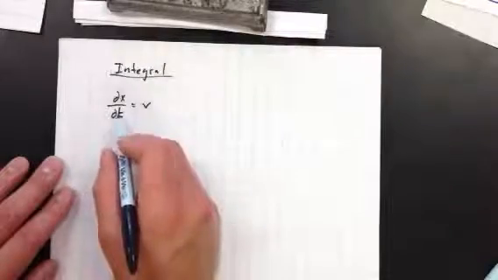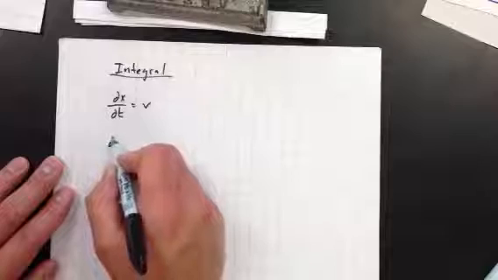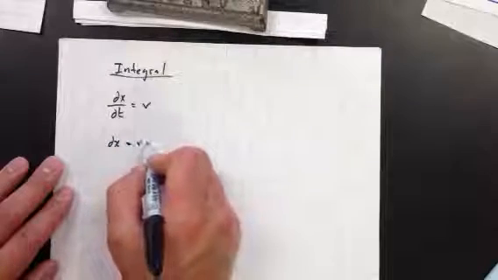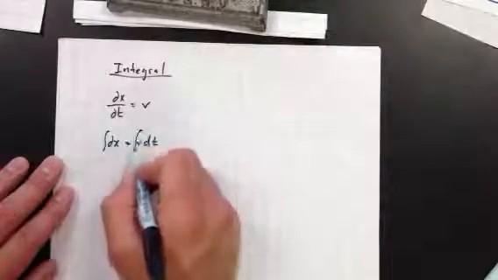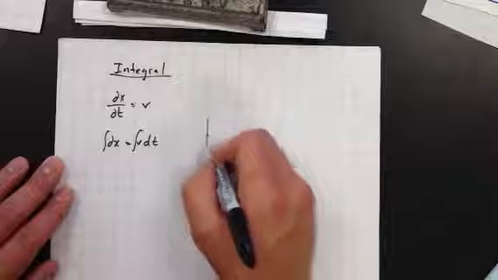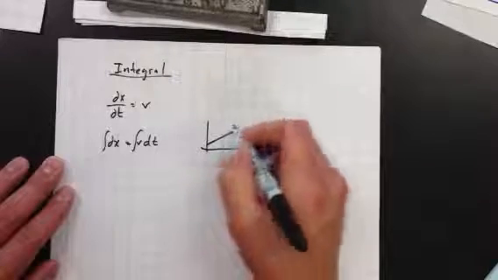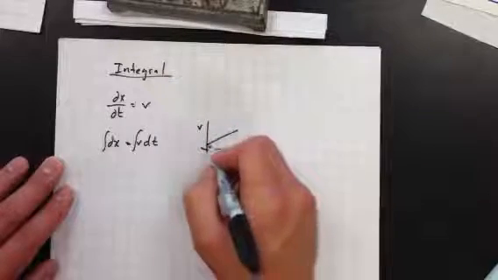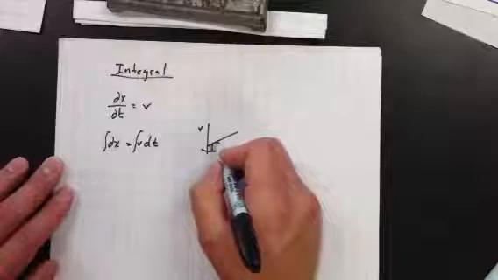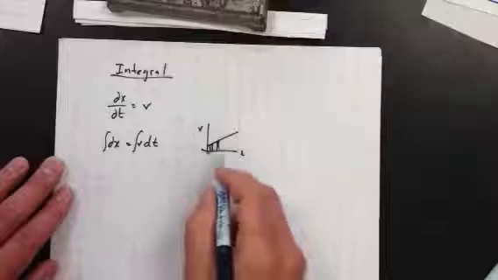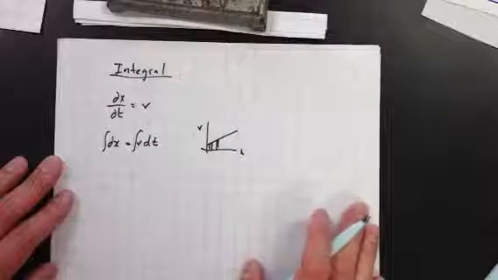So if we manipulate this so that dx is equal to v times dt, and we take the integral, this infinite sum of all those little v values times the dt, we're just finding each of those little areas underneath there.